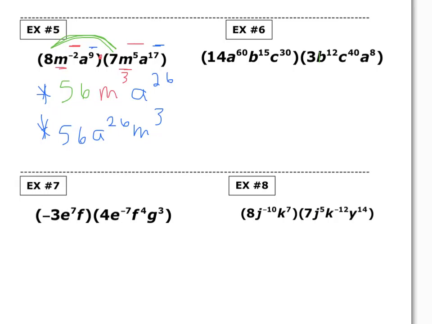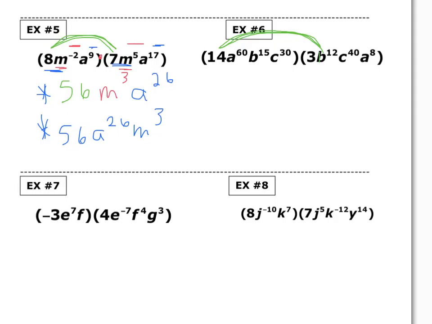Okay, so once again, lastly, we're going to multiply our coefficients together. Excuse me, I shouldn't have said that. Okay, we're only going to multiply coefficients together if they're the same variable. So for instance, on this last problem, you had 8m and 7m, so you multiply those together. This is 14a to the 60 and 3b to the 12th.